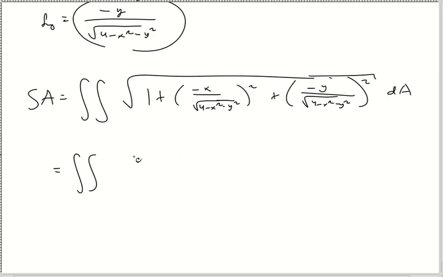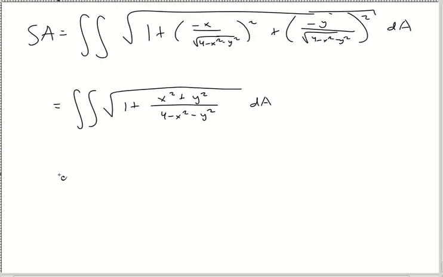X squared, Y squared, both in the top. Cool. You can also see that they have a common denominator, so might as well do that. And the square will cancel with the square root. There we go, that's a little better. That 1 right there can be changed to 4 minus x squared minus y squared in both the top and bottom. And therefore you would have a common denominator for everything.